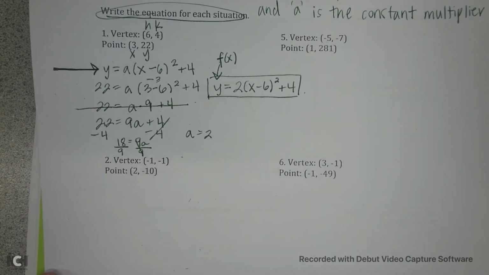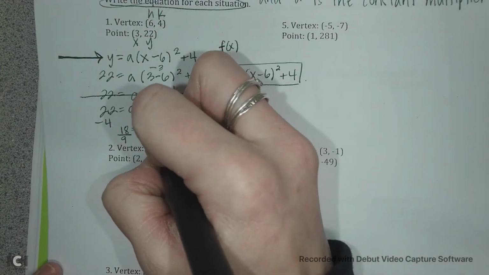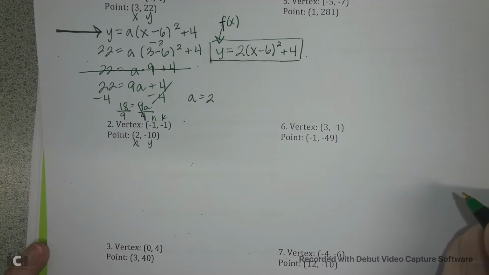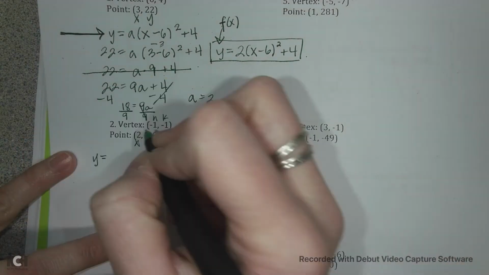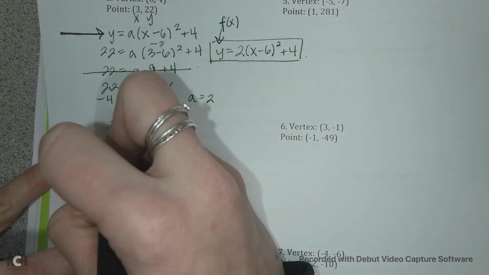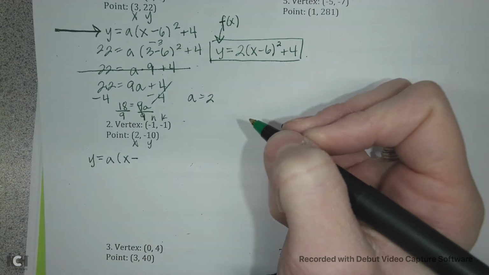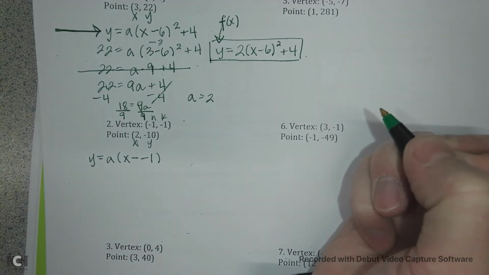Okay, let's do another one. Remember your vertex is h, k, and your point is an x, y coordinate. We're going to plug in our information, but we're going to start by leaving our y and our x in our equation. So we're solving for a, so we need an a here, and then it's x minus your h value. Well, my h value is negative, so we put that there.